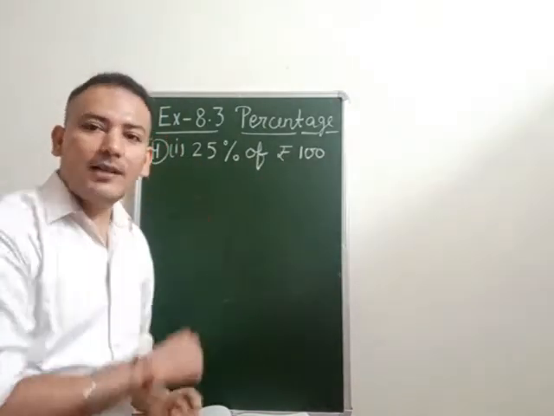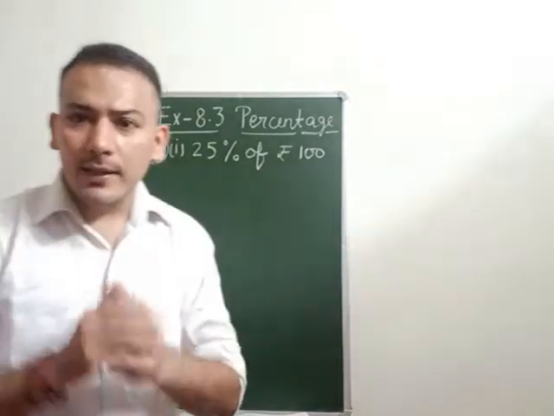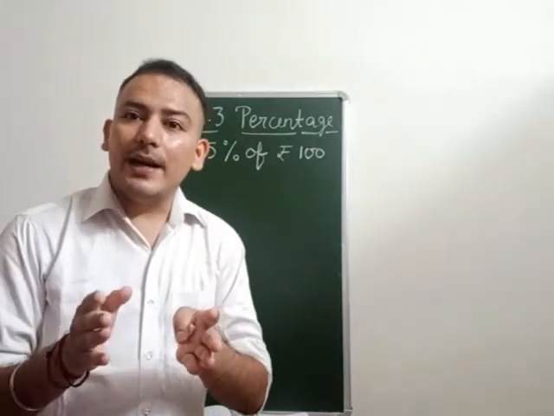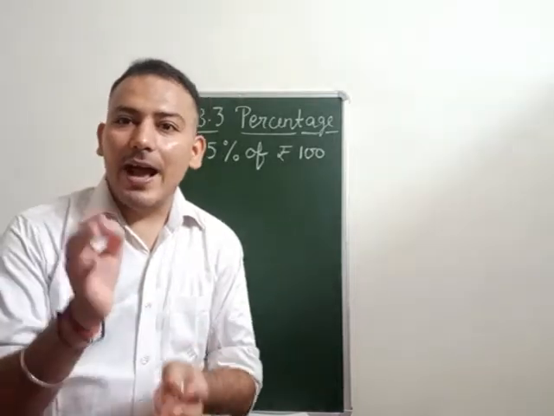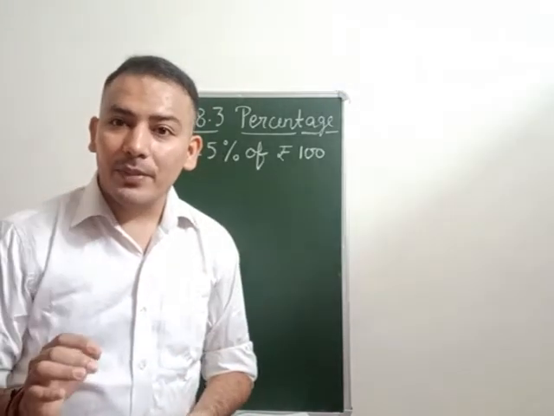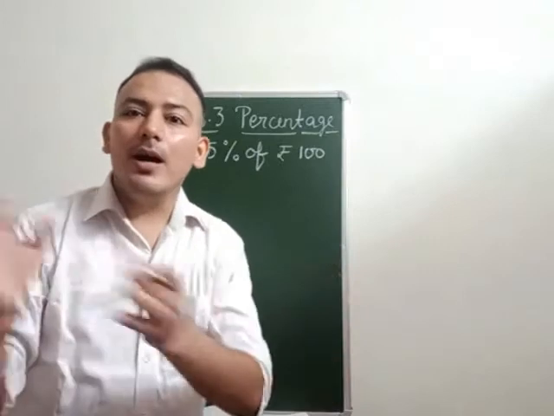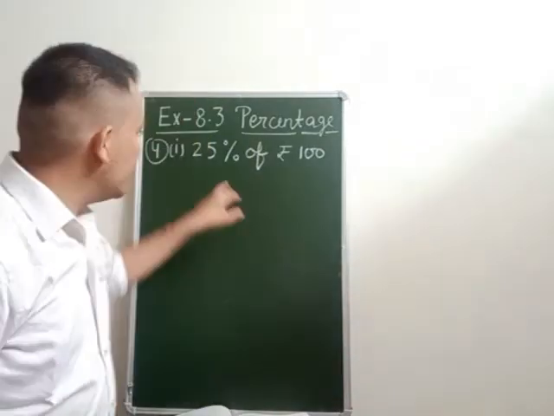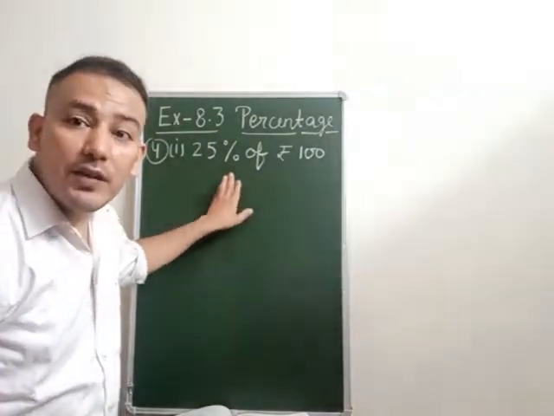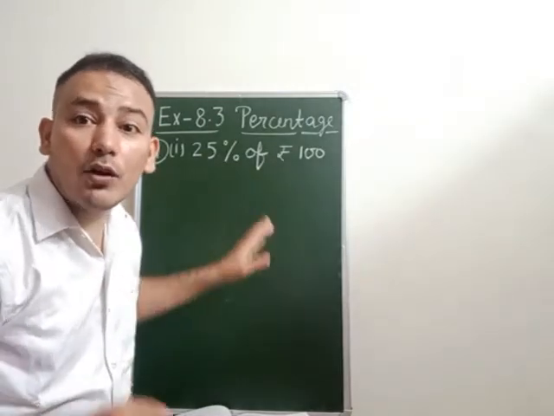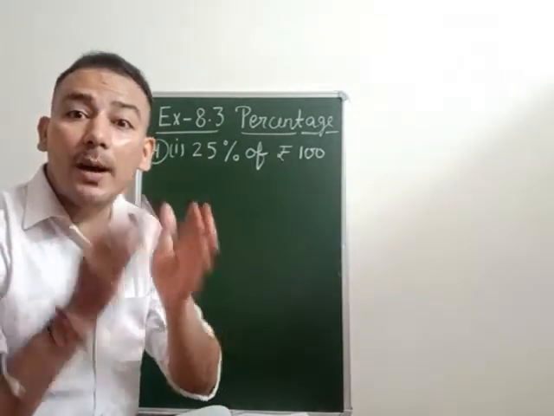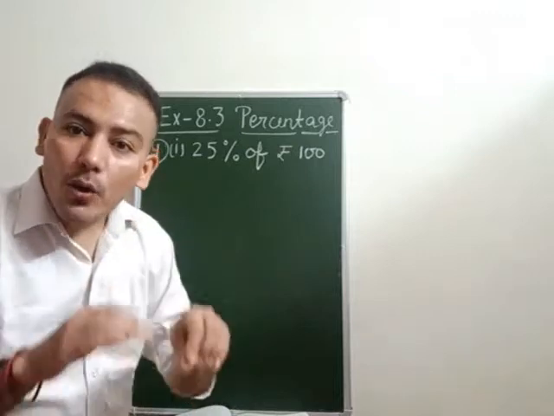So before starting this topic, I just want to clear one thing: what is the meaning of percent? Percent means as per 100, the value which is given as per 100. So when we remove the sign of percent, 100 will come as a denominator.